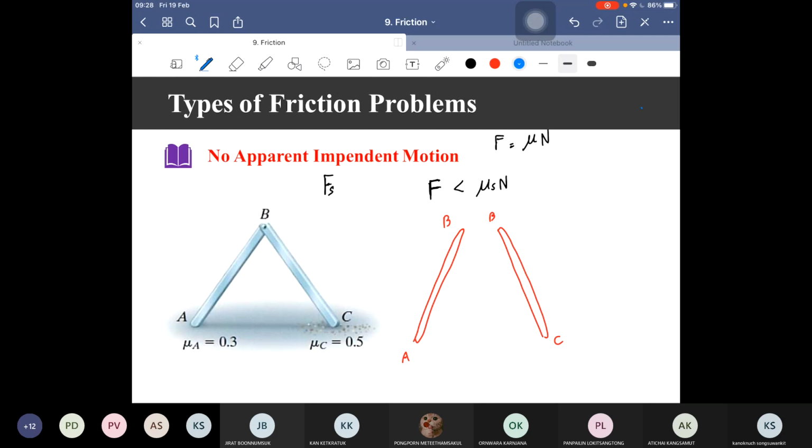Each bar also has its weight acting at the center, W1 and W2. With the weight W, we must insert the normal force N to support the weight, let's say NA and NC.